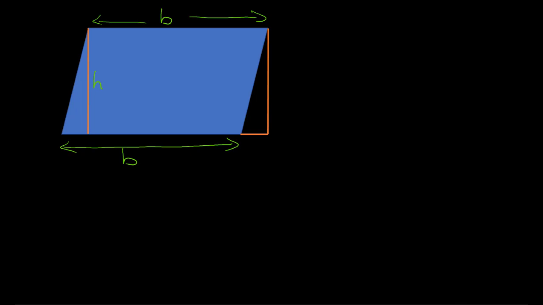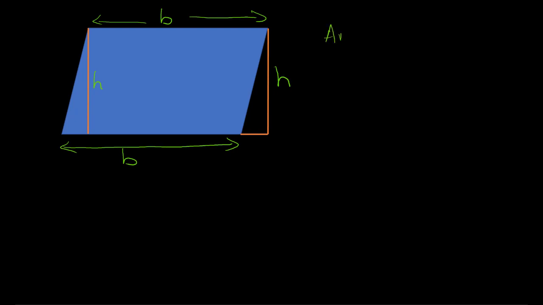Now you can see what I've done is I've extended over on the right hand side, and so that would also be the same height. If we look at the shape within the two orange lines there, you can see that's a rectangle, and we know that the area of a rectangle is the base times the height.